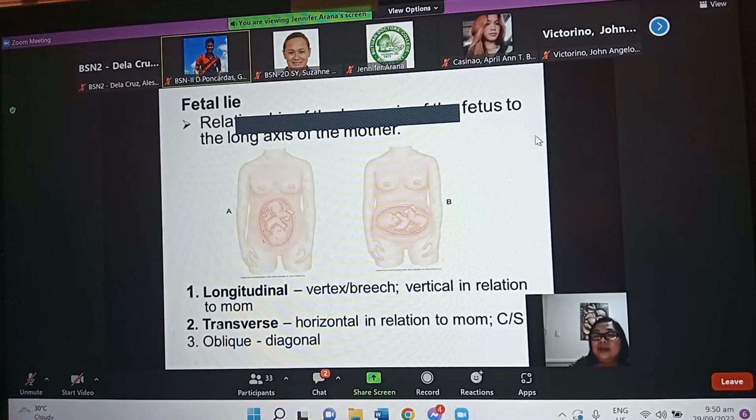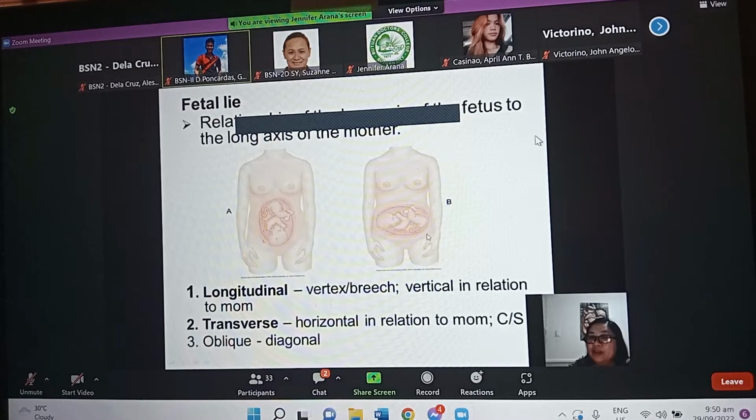The lie is longitudinal if the fetus is in vertex or breech position, whether head down or sitting. In other words, the fetus is in a vertical position in relation to the spine of the mother. The baby is vertical. That is longitudinal lie.